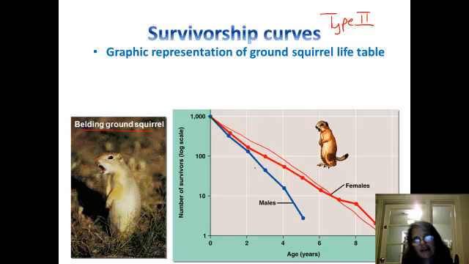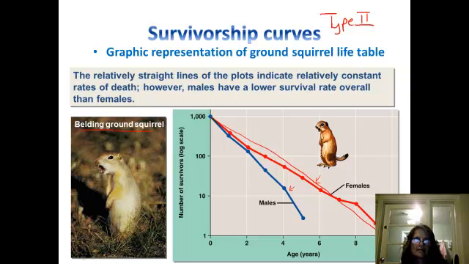But we do notice that the males overall tend to die off at a greater rate than the females, interestingly, perhaps because they're competing for mates and things like that. So basically what we're seeing is a relatively constant rate of death. They are a prey item throughout their lives, okay?